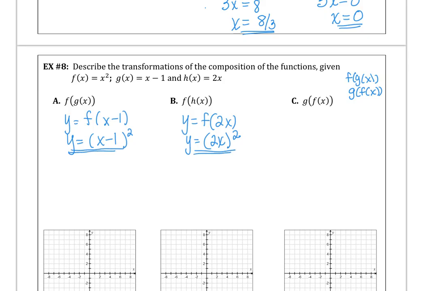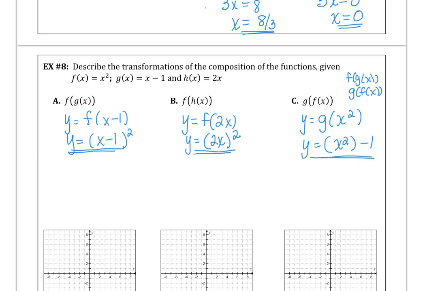And then the g of f of x is when y is equal to the g of x squared, and g was x minus 1, and we're going to substitute x squared in there. Okay? So let's look at the graphs of those to talk about the transformations of each one of those.